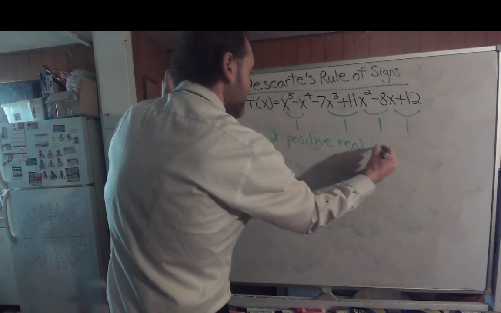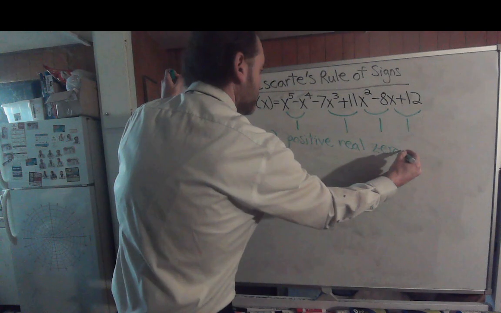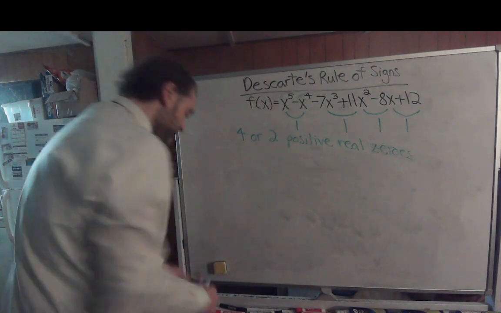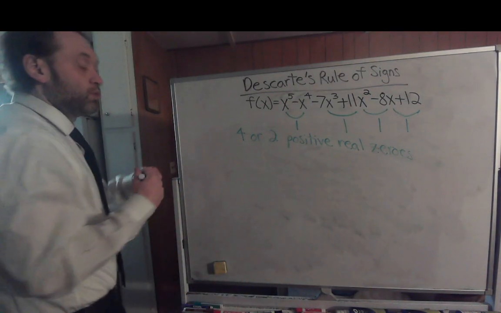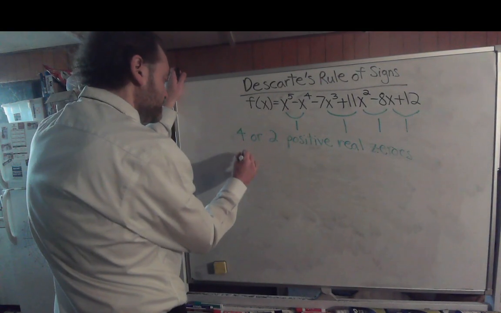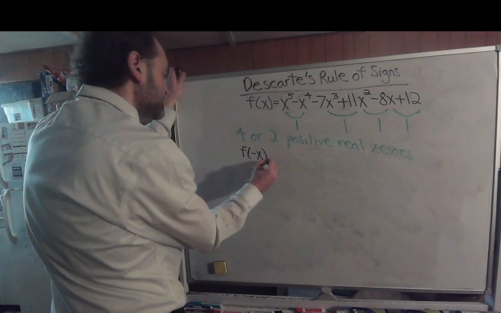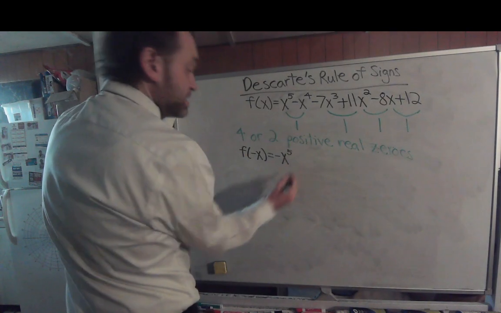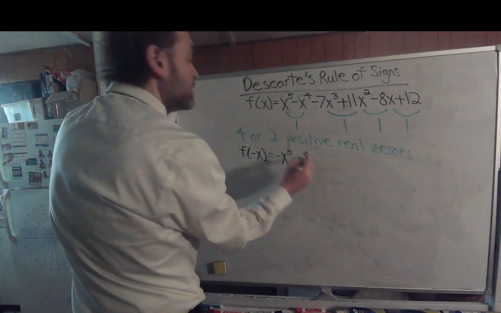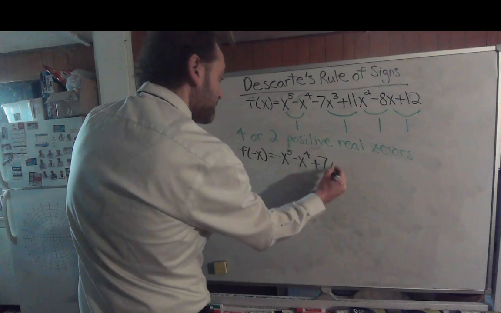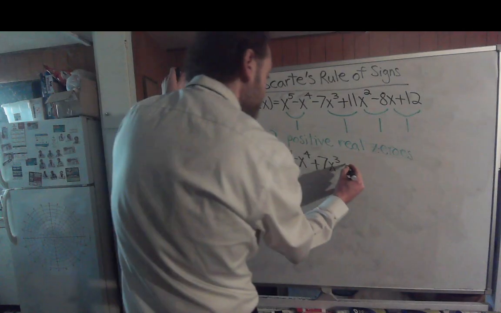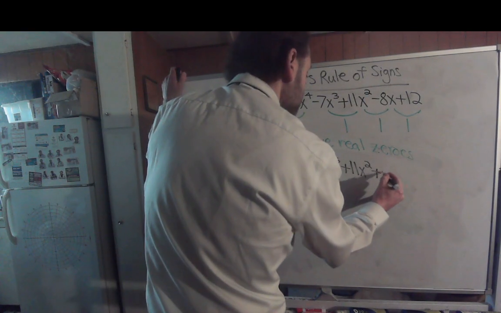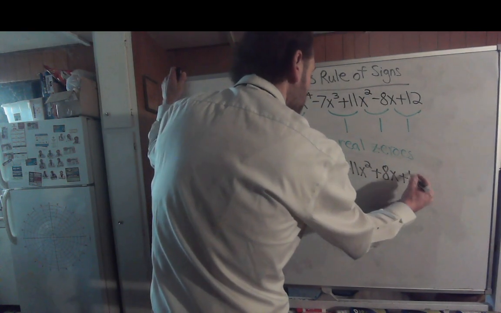So we for sure have positive real zeros. We just don't know if there are going to be 4 of them or 2 of them. But there are either 4 or 2 positive real zeros. Let's now work on figuring out the number of negative real zeros. So f of negative x, that's going to give you negative x to the 5th, still minus x to the 4th, plus 7x to the 3rd, plus 11x squared, plus 8x, plus 12.